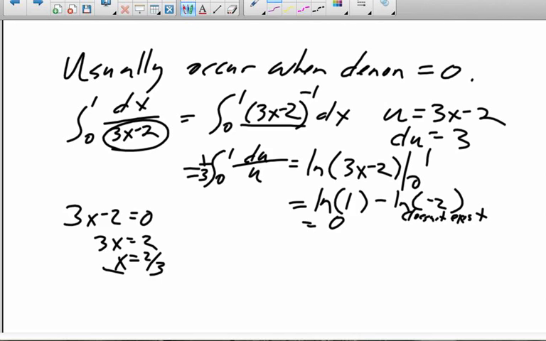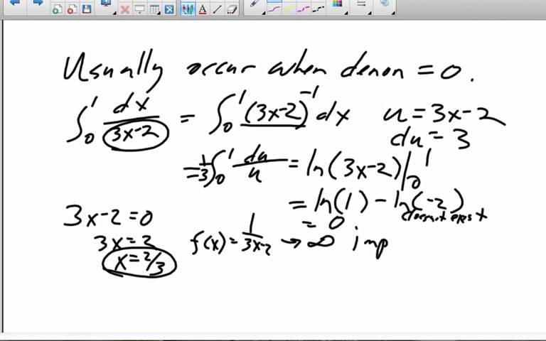So at x equals 2/3, my f of x, which is 1 over 3x minus 2, goes to infinity. 1 over 0, which is infinity. So this is an improper integral, in addition to the other problems we have.